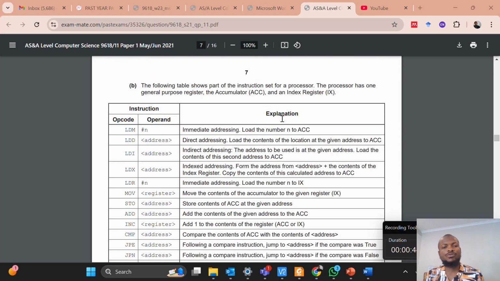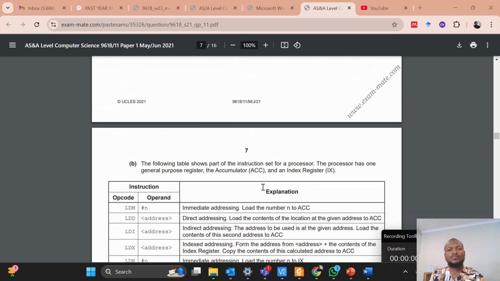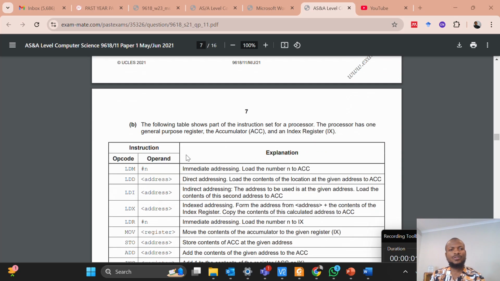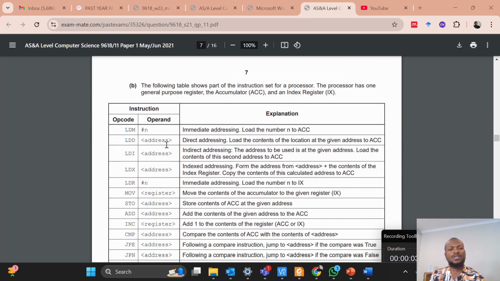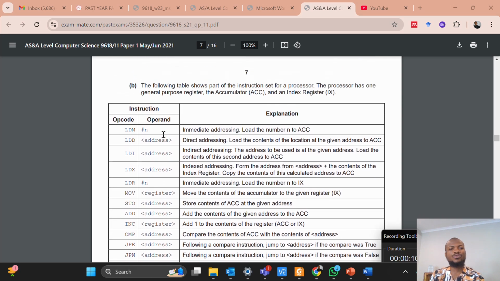Before you solve this question, I expect you to understand what registers are, what an accumulator is, an index register, and the assembly language instructions. In your exam, the assembly language instructions will be given to you like in this question, with an explanation of what each instruction is for.